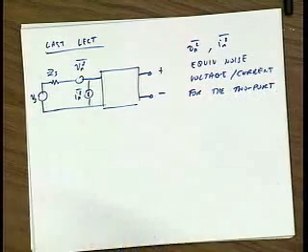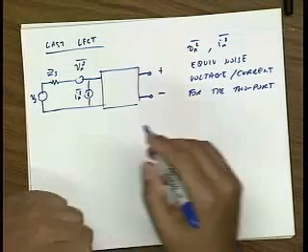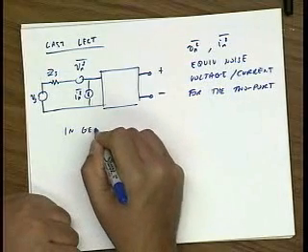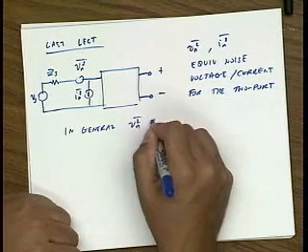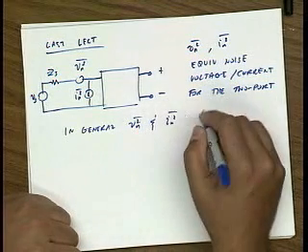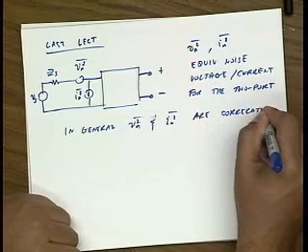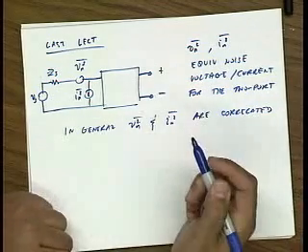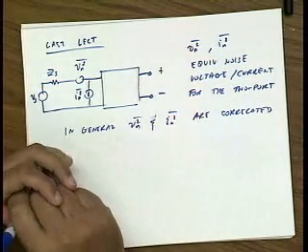And it's also interesting to see how many parameters characterize a 2-port. In general, Vn and In are correlated. And what we'll discover today is that the correlation coefficient is in general complex.